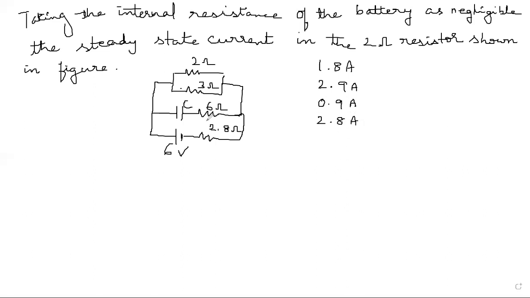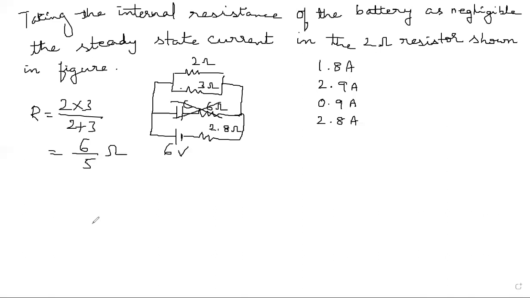Okay. Since no current flows through the 6 ohm resistor, around this we don't have any current flowing, as the capacitor offers infinite resistance to the DC source. So you can say here the complete thing will be blocked. So this is not used. Now these two are connected in parallel. So I can write R is equal to 2 into 3 divided by 2 plus 3, so it is 6 divided by 5 ohms.